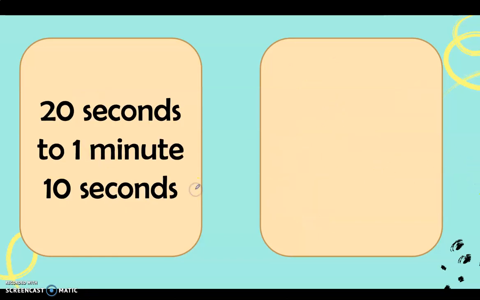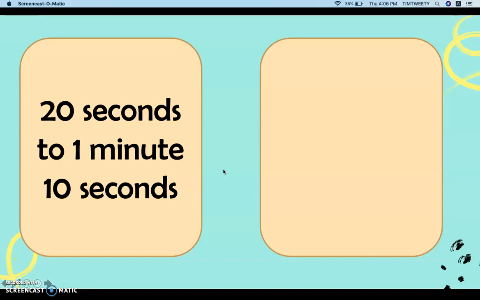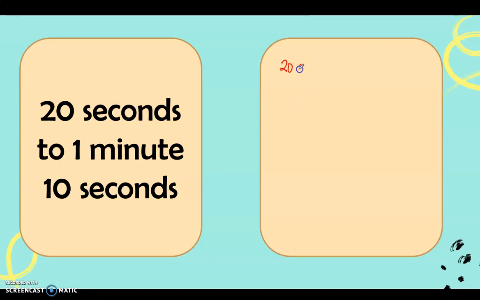Next, 20 seconds to 1 minute and 10 seconds. Since we're talking about 2 units here, seconds and minutes, we need to express this in the same unit. So 20 seconds is to, in 1 minute there is 60 seconds plus the 10 seconds here, so the total is 70 seconds.